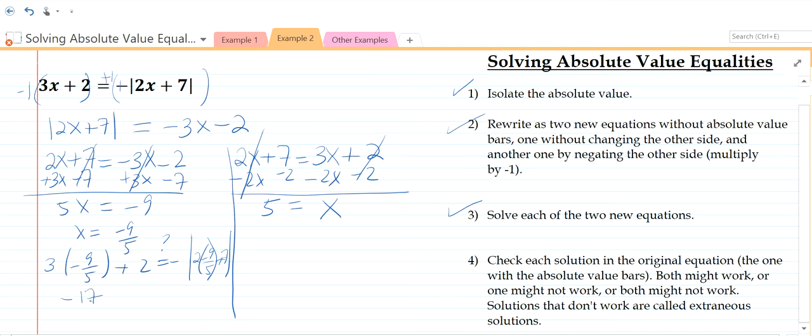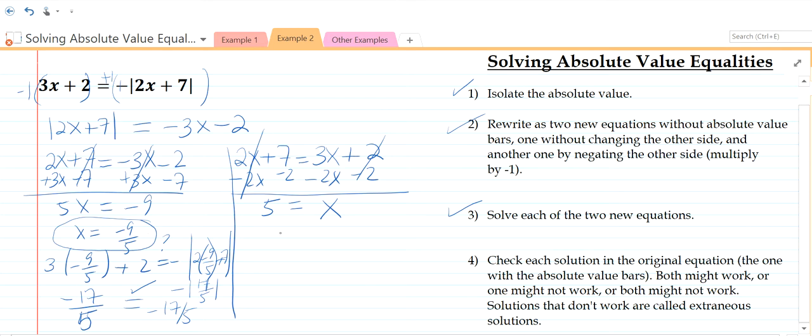You're going to get -17 over 5 on this side. And on this side, you'll get -17 over 5 as well. The absolute value inside there will be 17 over 5. And once you multiply it by negative, you get -17 over 5. So that does work. We could box up the x equals -9/5.